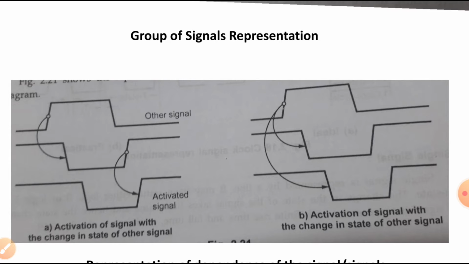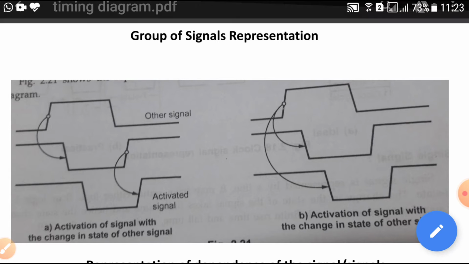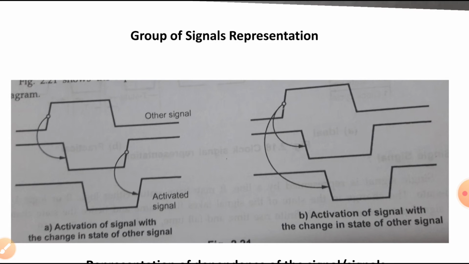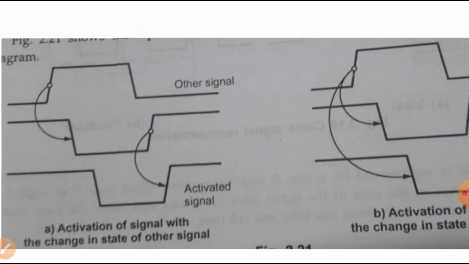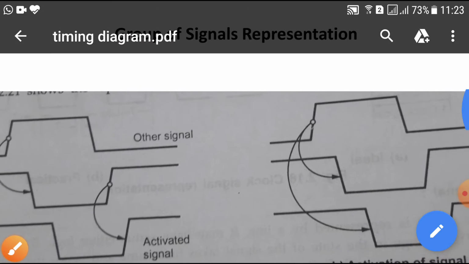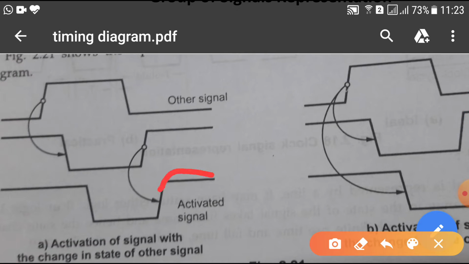The first possibility is the activation of the signal with the change in the state of another signal. See, this is the activation of the signal with the change in the state of the other signal. This is the activation signal, and this is the other signal.